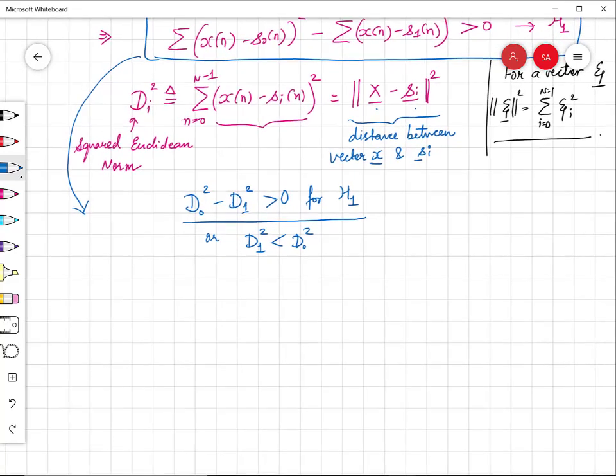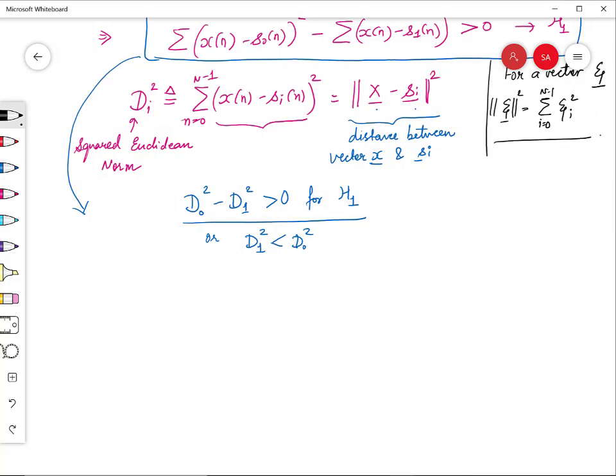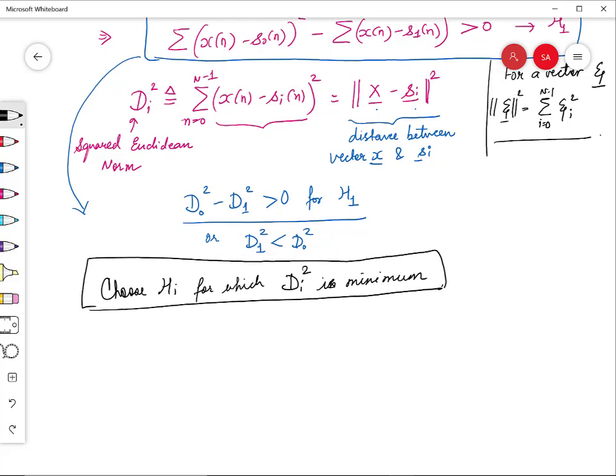That means I can write it as: choose the H_i for which d_i squared is minimum. Such a detector or receiver is called a minimum distance receiver.